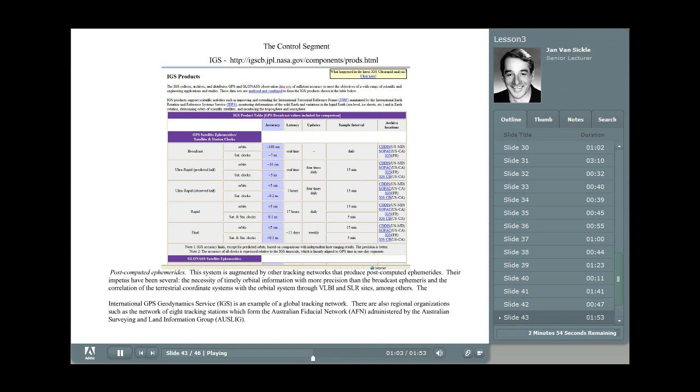And it's instructive to know why that is so valuable now that we've covered these lessons. It's valuable, of course, because the broadcast ephemeris is not as accurate as the tracking information of the actual satellites you're observing at the time you're observing them.